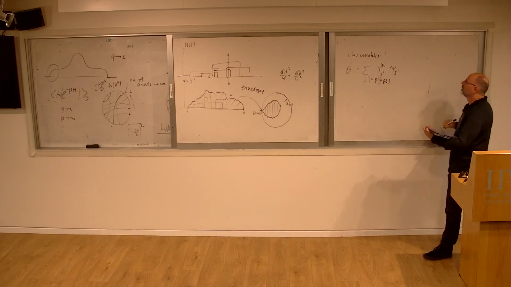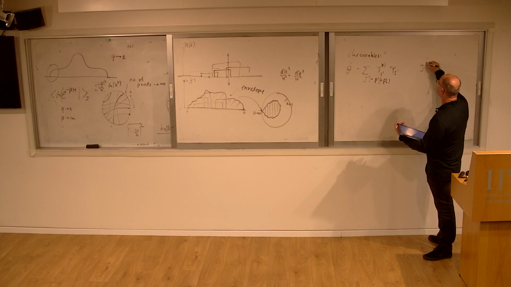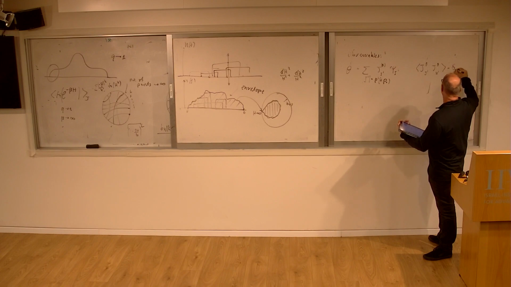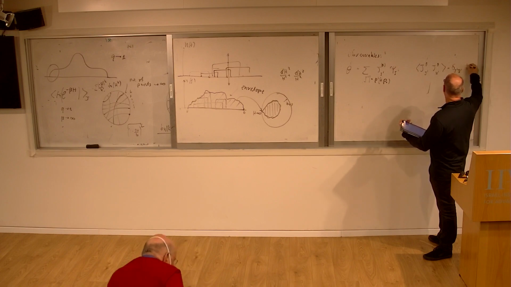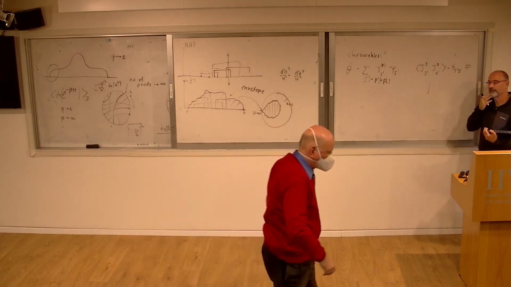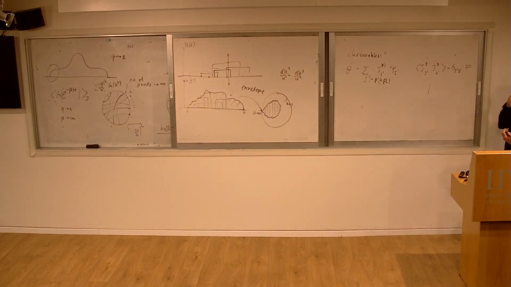Okay? Now, and these are Gaussians. And there is some normalization here that I have as before.